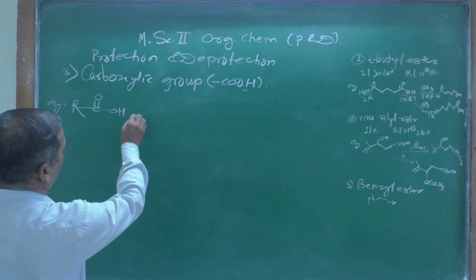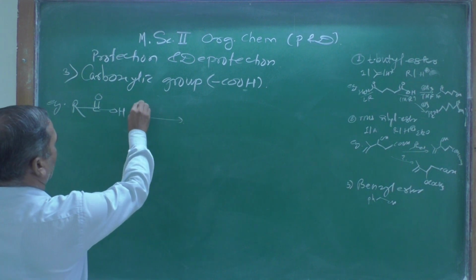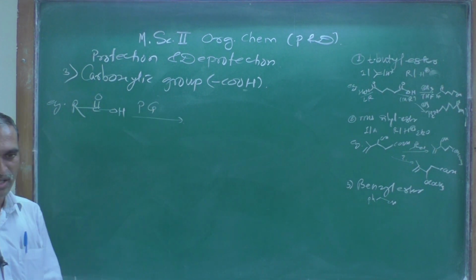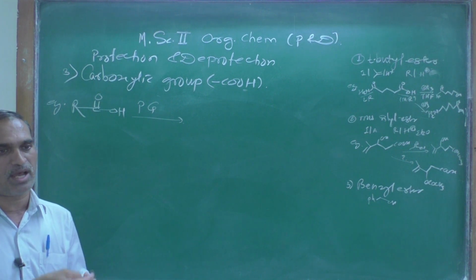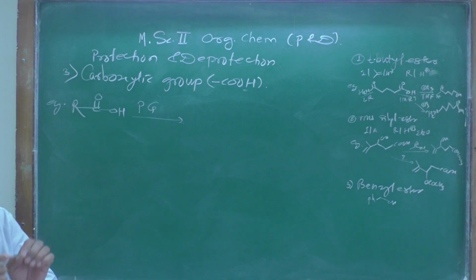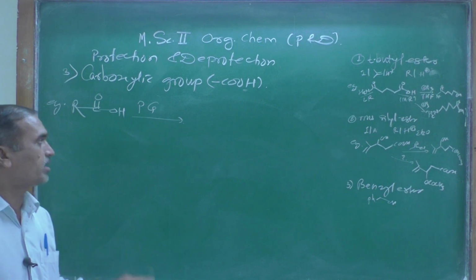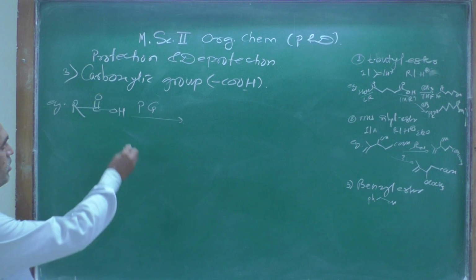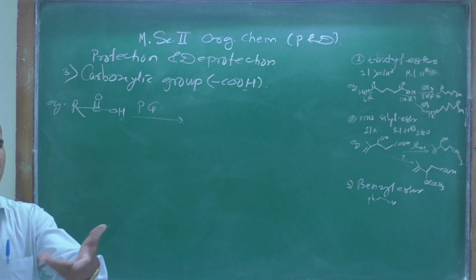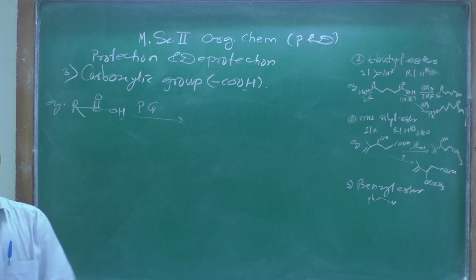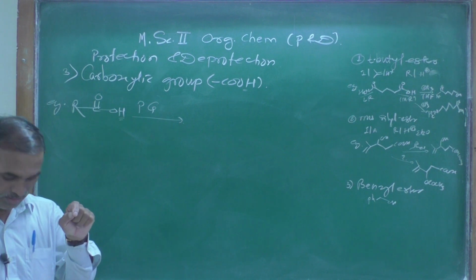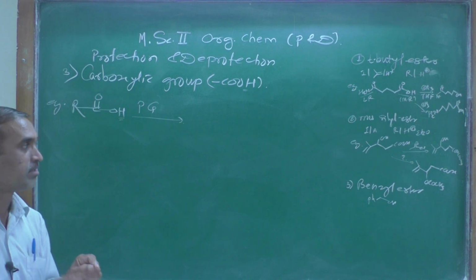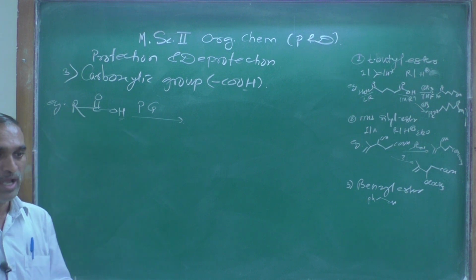Suppose you treat this with PG, which is nothing but a protecting group. There are a number of protecting groups used to protect the carboxylic group, because this proton is highly acidic in nature and interferes with most reactions, and that's why there is a need to protect the carboxylic group.